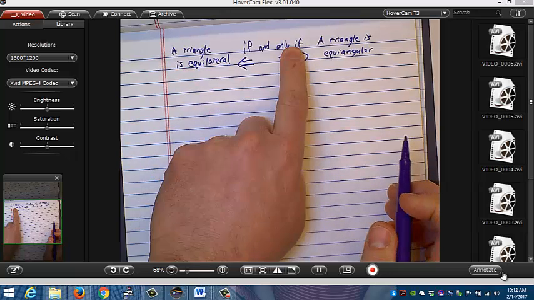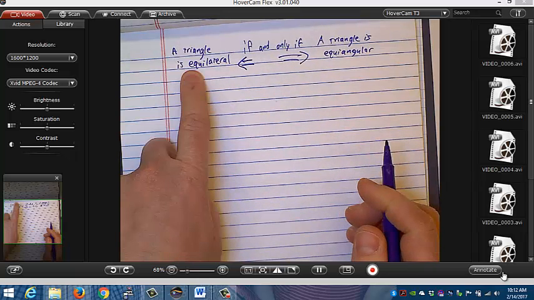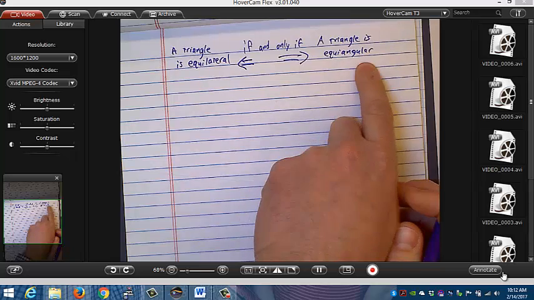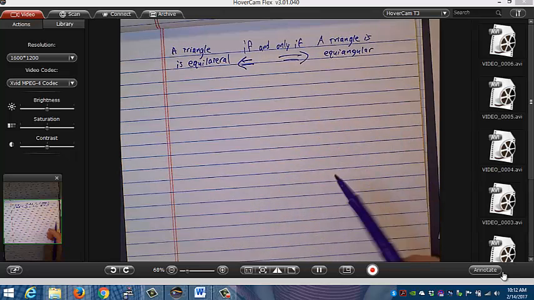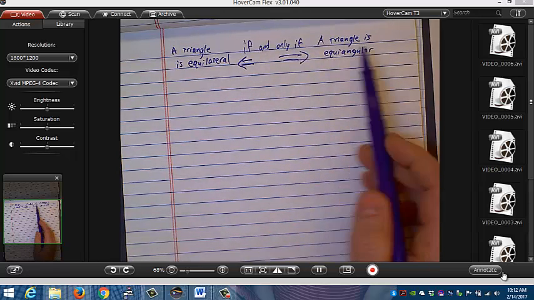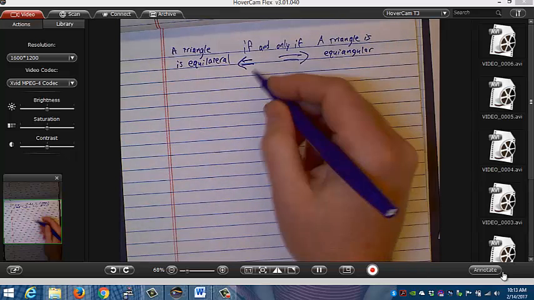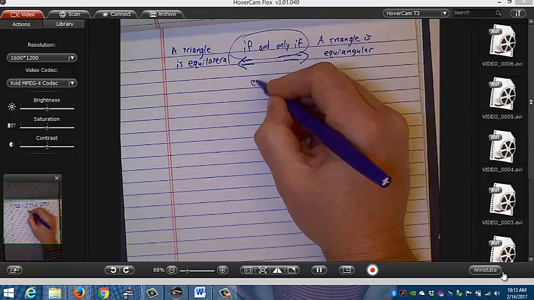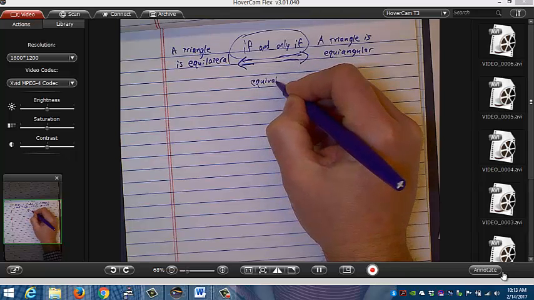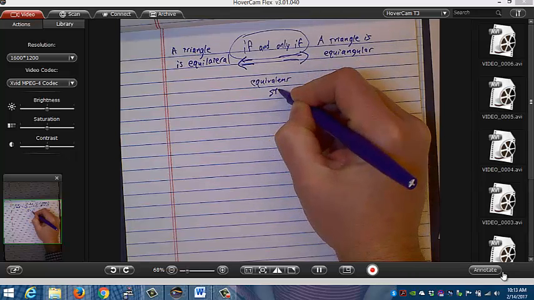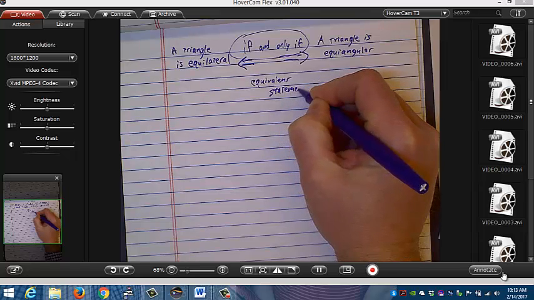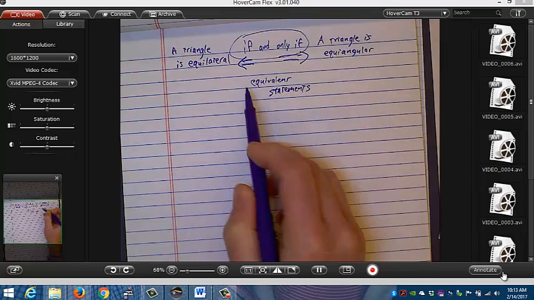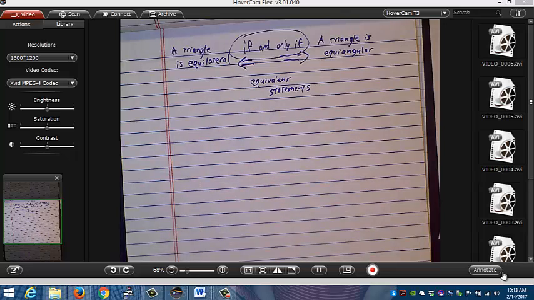Only if is saying if the triangle is equilateral, then the triangle is equiangular. And sometimes we say if and only if, and another thing we'll do sometimes is we'll say the words equivalent statements. So equivalent statements would be if and only if.